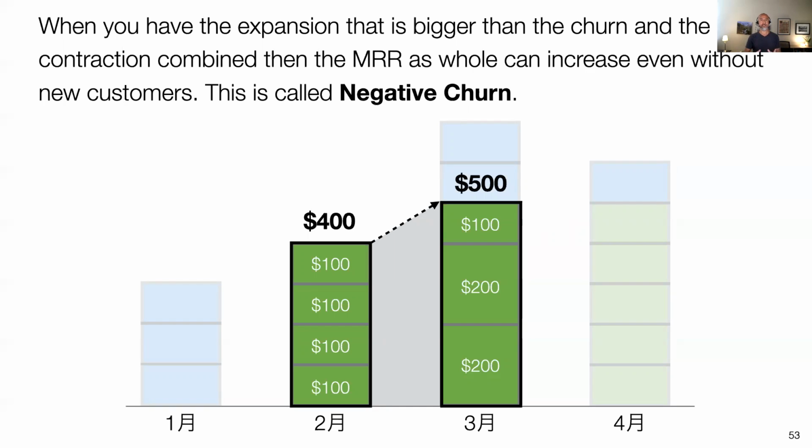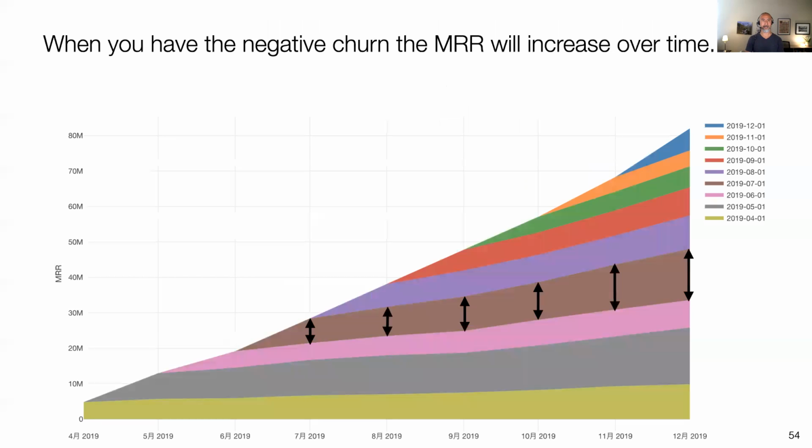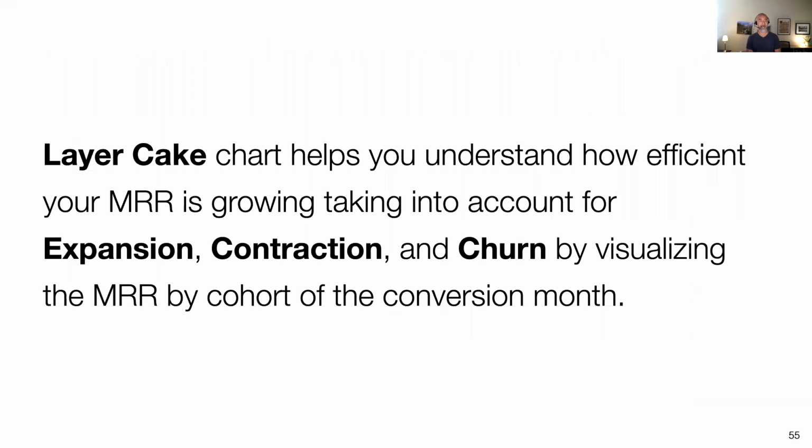Usually churn means a decrease of MRR, but here MRR from the existing customers somehow increases. And when you have negative churn, the MRR will increase over time. That's what we are seeing with the Dropbox and Slack charts. It's not like they're cheating. They actually have this negative churn like crazy, and that's why they're growing so fast and so much.